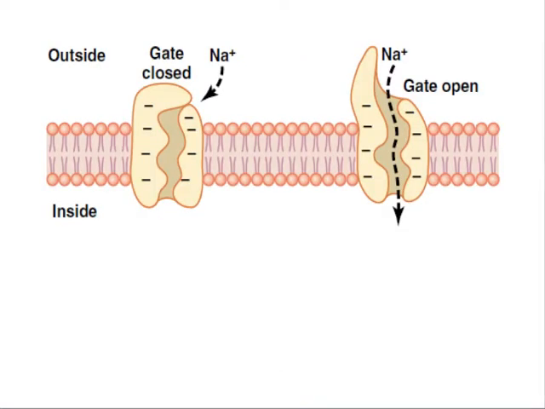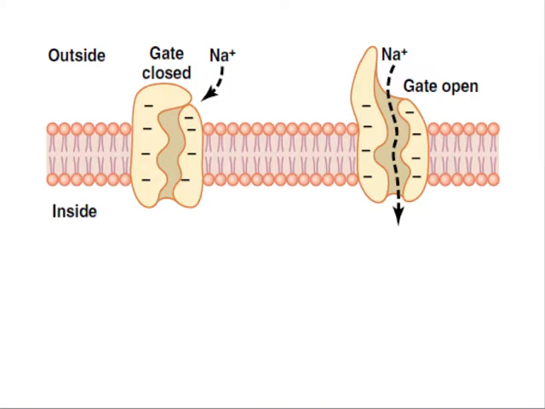Now, the second factor which determines the transporting substance is the gating of the protein channels to control the transport specifically, and then the rate of the transport. Gating of the protein channels provides a means of controlling the ion permeability of the channels.